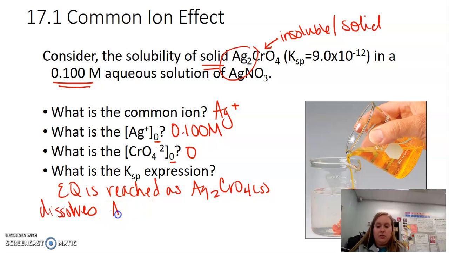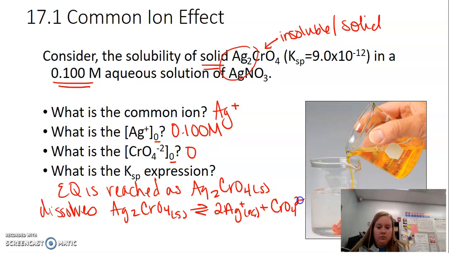And so we can write the dissociation reaction, and that is going to dissociate into 2 silver ions and then that 1 chromate ion. And so if we use this, we can write the KSP expression, and it would be the concentration of the silver ions squared, because its coefficient is 2, times the concentration of the chromate.